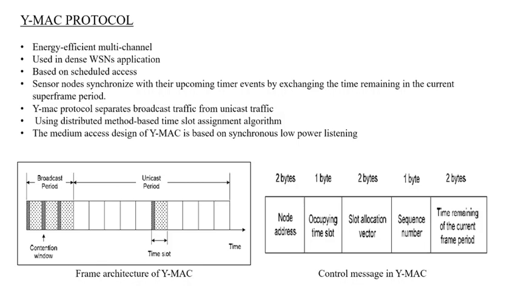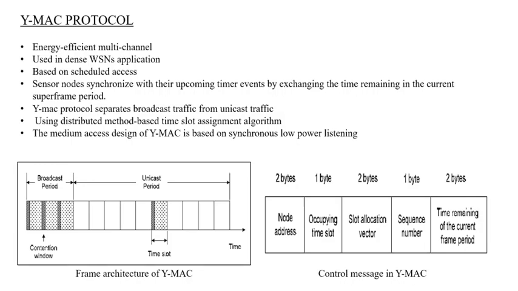In this, there are slots for the broadcast period and for the unicast period. Since several channels are available, a sender and receiver have to select the same communication channel as well as the transmission timing. In WiMAX, sensor nodes synchronize with their upcoming timer events by exchanging the timer remaining in the current superframe period.